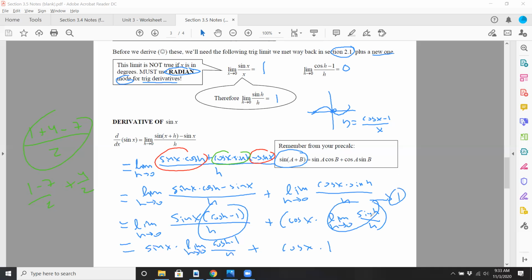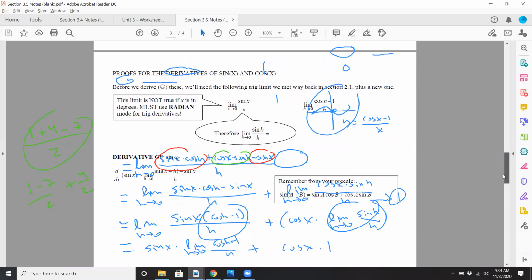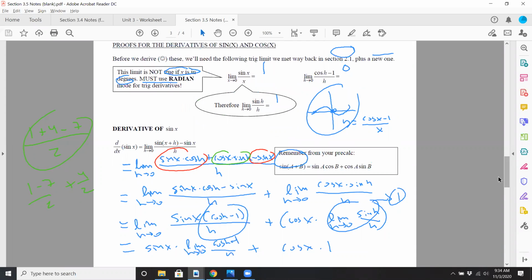Well, the limit as h approaches 0 of cosine h minus 1 over h, we just discussed, when we looked at it graphically, is 0. So what this tells me is that this part goes away. Okay, I've run out of space, so sorry about that. I'll just have to squeeze it down below.